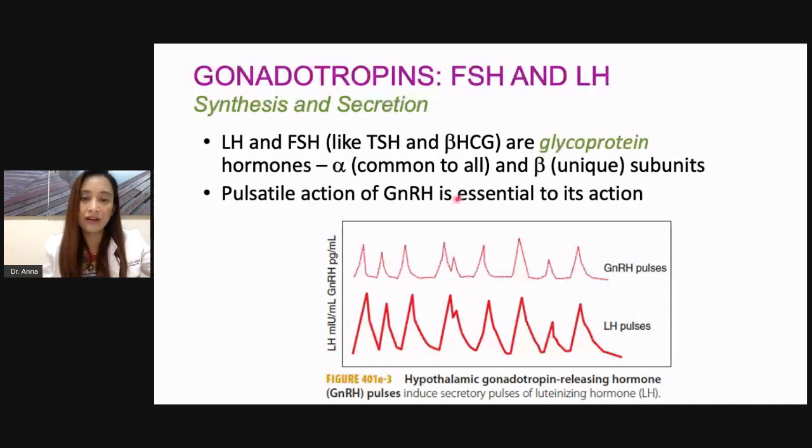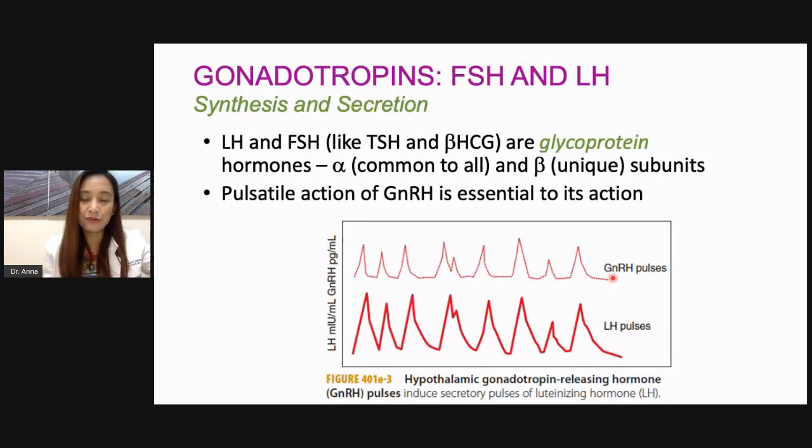Your GnRH is secreted from your hypothalamus in pulses, like that, okay? And the pulsatility of your GnRH secretion is essential in order to induce your pituitary to secrete its LH and FSH. And your LH in turn is secreted by your pituitary also in pulses.